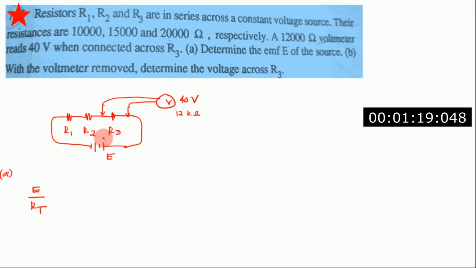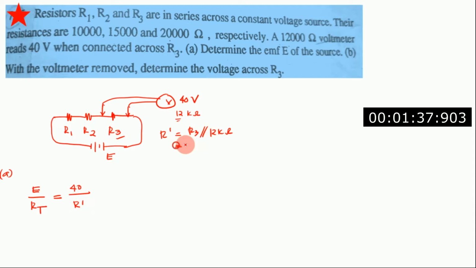You can see here the 40 volts, which is across R prime, because R prime here is actually the parallel of R3 and 12 kilo ohms.